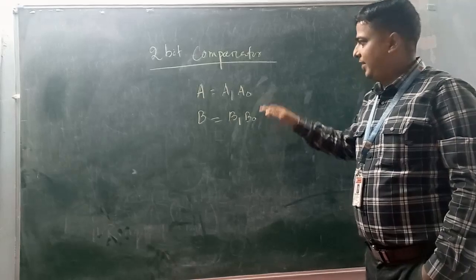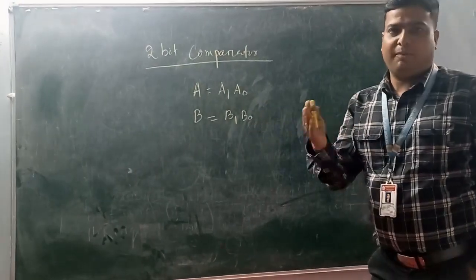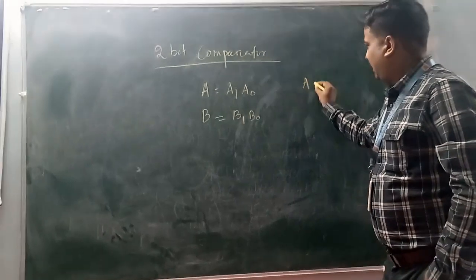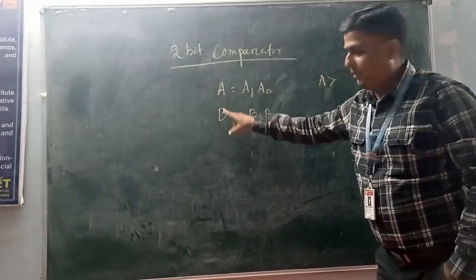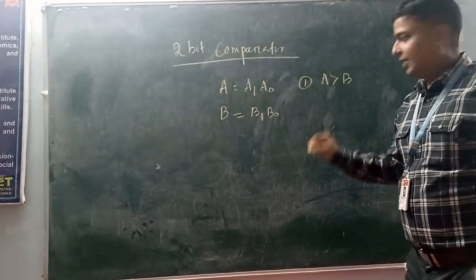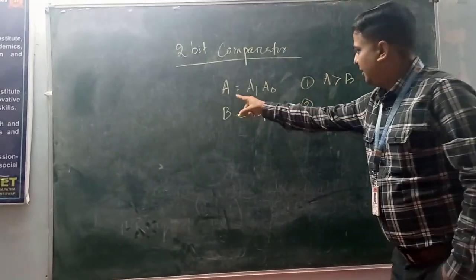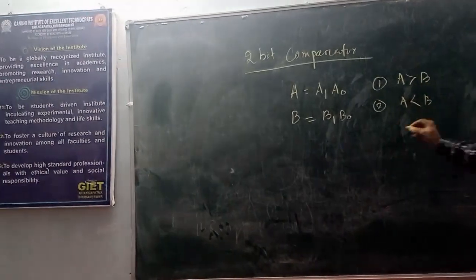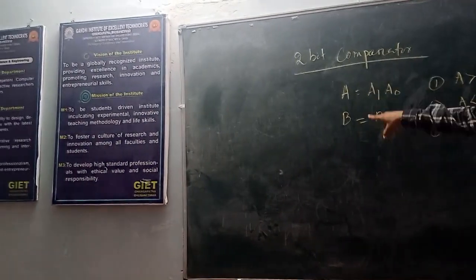So first, when we compare numbers, there may be 3 possible cases. One is that A will be greater than B. This is the first condition. The second condition will be A less than B. Another condition is that both numbers will be the same.